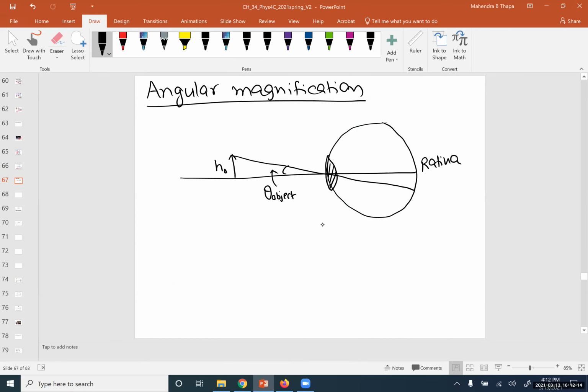The object is situated clearly at the near point. We haven't used any equipment, so this theta object is the visual angle without equipment.